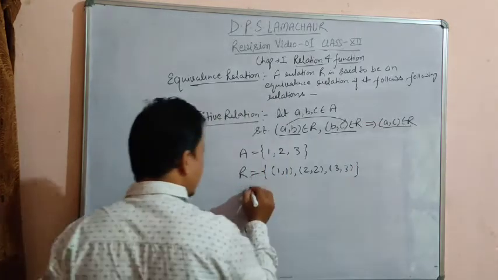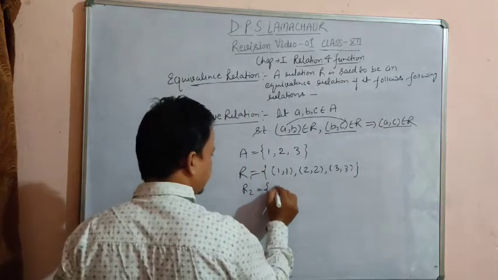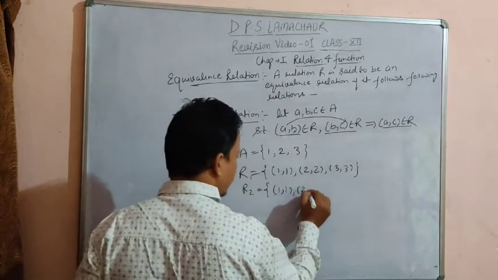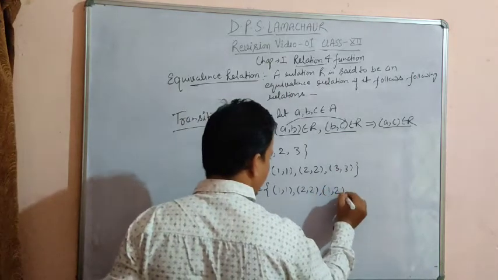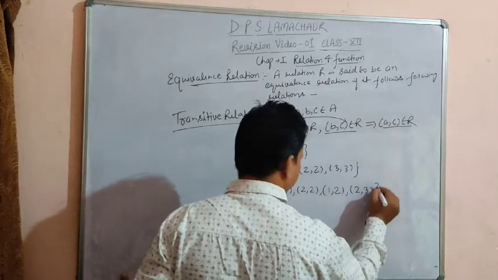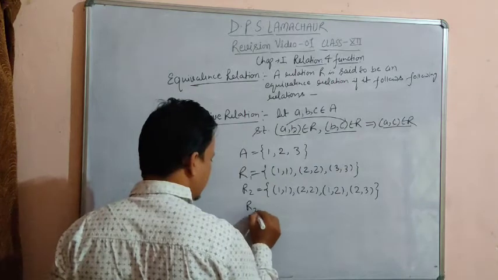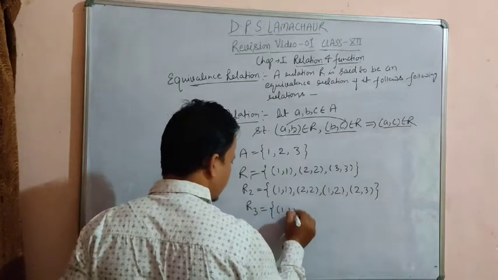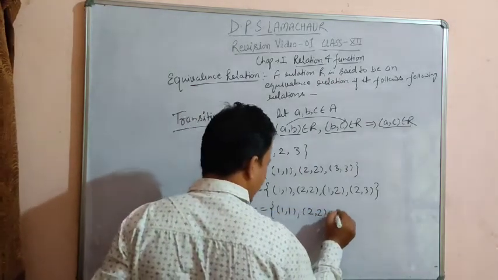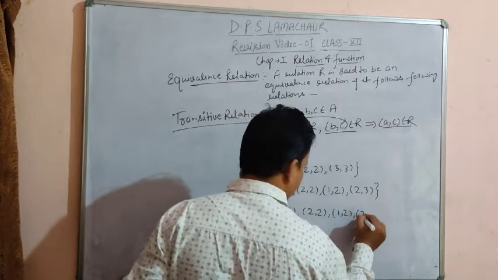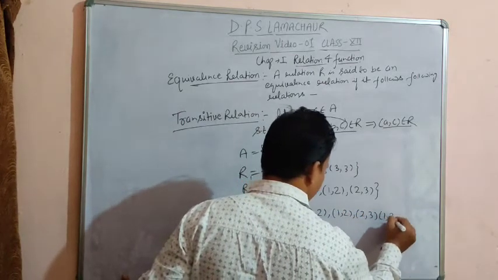Second, 1 1, 2 2, 1 2, 2 3. And the third, 1 1, 2 2, 1 2, 2 3, and 1 3.